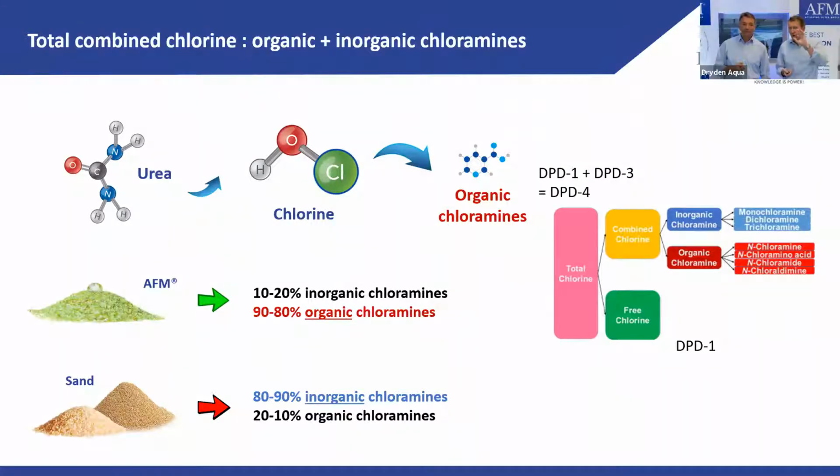So for me, this is really important because the takeaway is the following. Regulations say that you cannot go over, let's stay in the US, 0.4. So whether you have an AFM filter or a sand filter, you will get the same or a very similar DPD reading for combined chlorine, because the reading cannot differentiate between inorganic and organic, and the regulators don't differentiate either.